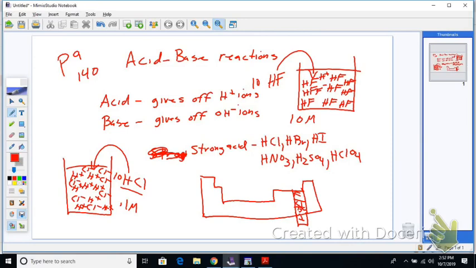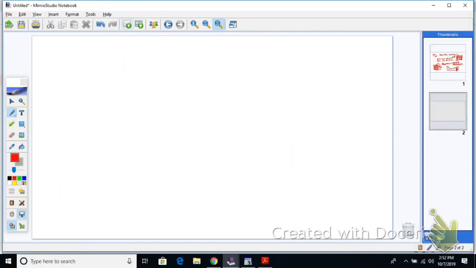The first thing I'm going to show you is the reaction. I'm going to show you acid-base reactions and what they look like. They're really simple. We'll do one with a strong acid, and the key is strong acid. We're going to put it together with a strong base. What's a strong base?